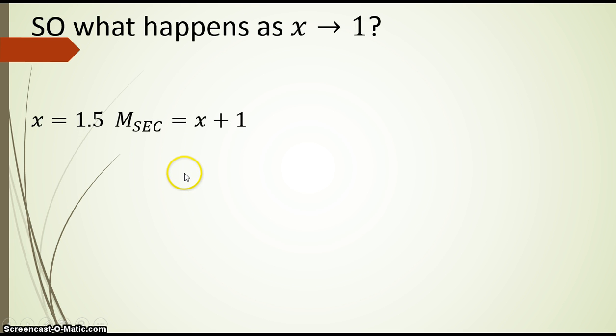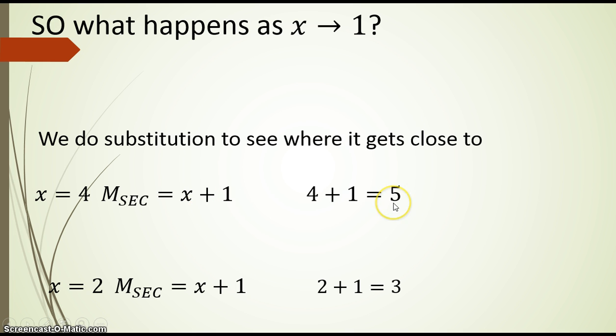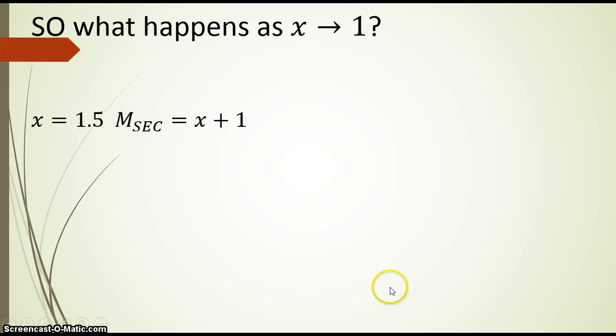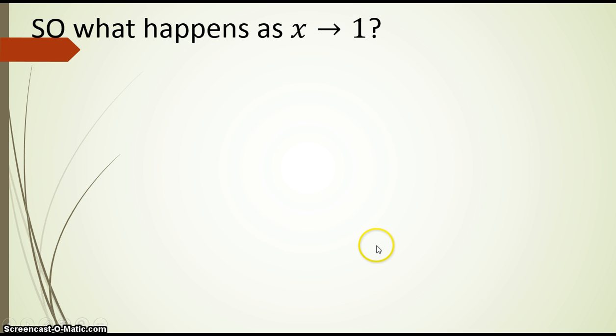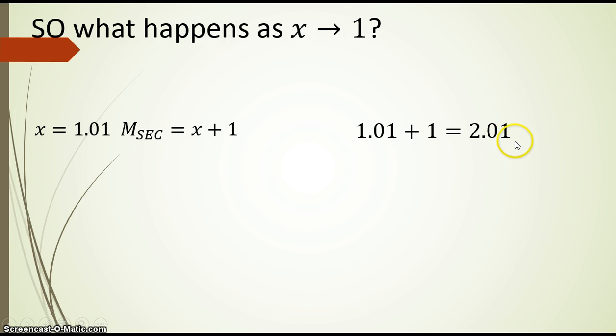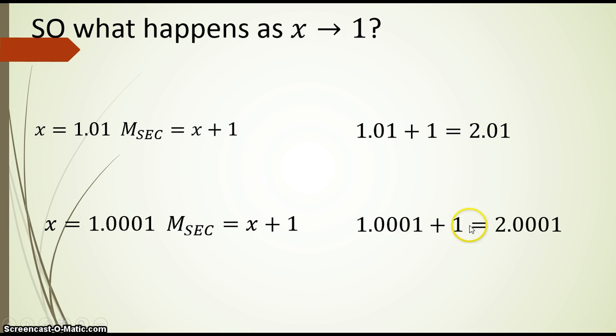What does it look like I'm getting closer to? Right up here: 5, 3, 2.5, 2.1, 2.01, 2.00001. What am I getting really close to as my x gets really close to 1?